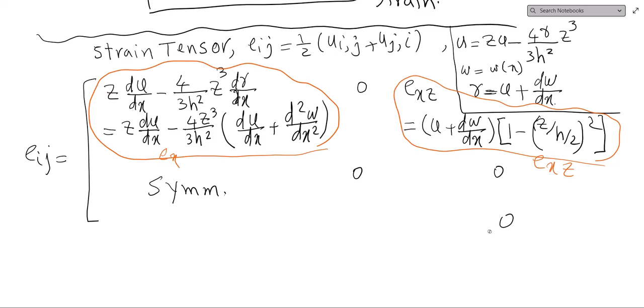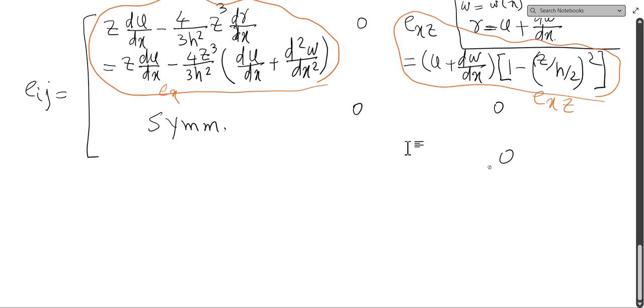So clearly we see that we get a non-zero shear strain, which we had in Timoshenko beam theory, but it was constant. As we see here, this shear strain or corresponding shear stress is not constant. It is a function of z. So it varies with respect to z. And that's exactly what we want.